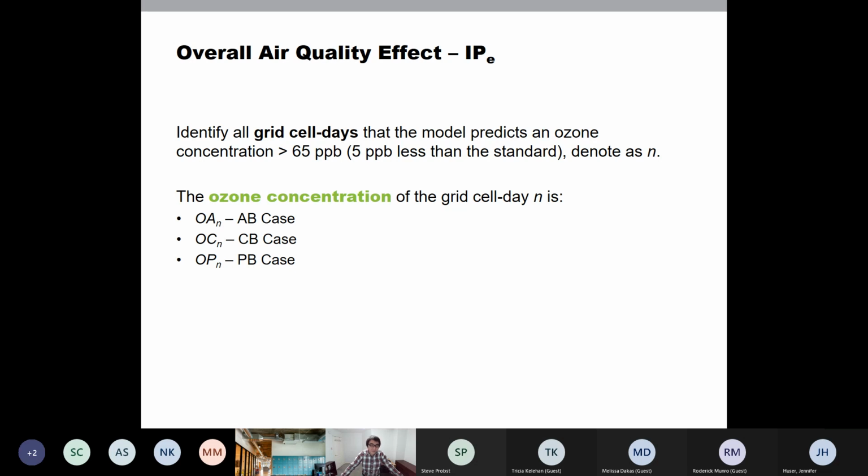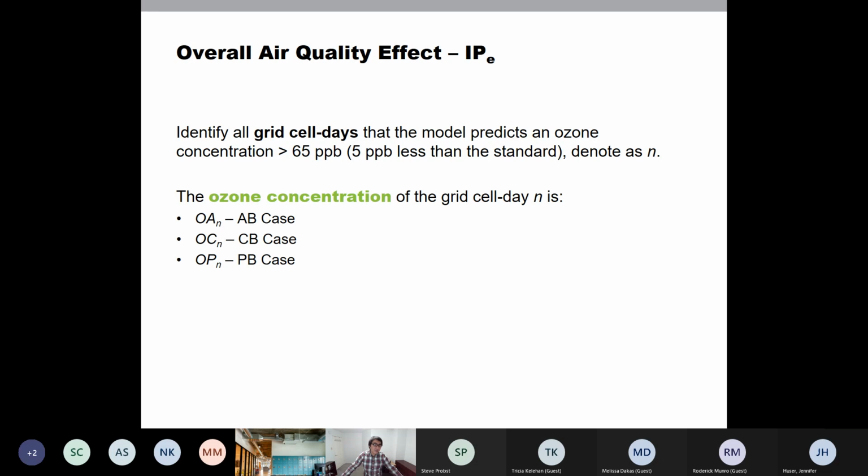So we take 65 ppb as kind of an entry ticket. If a grid cell day gets this entry ticket, it enters the comparative analysis. We'll look at it through the credit base and project base.